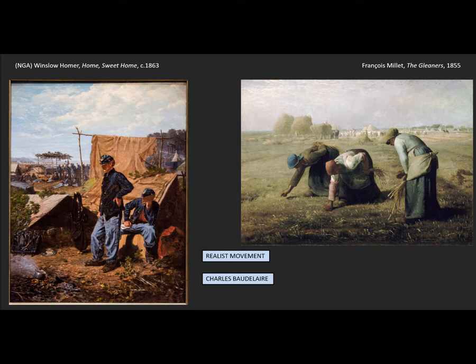A gleaner gets to pick the field after it's already been harvested. Right? And it was one of the laws that was set up by the French government after the Third Revolution to help the working poor. What they said was back in the Middle Ages, the peasants could go out and glean the fields after the landlord had harvested it and just sell the grain off, right?